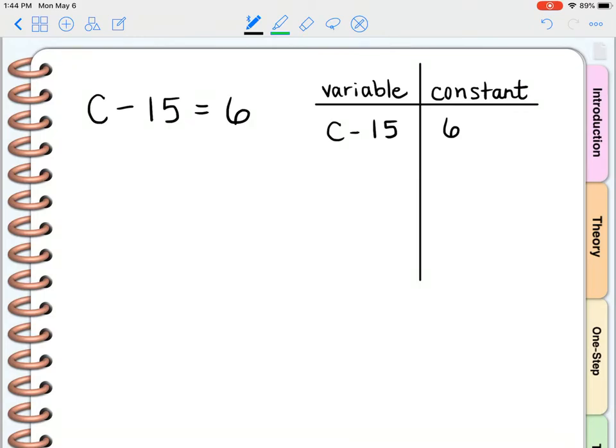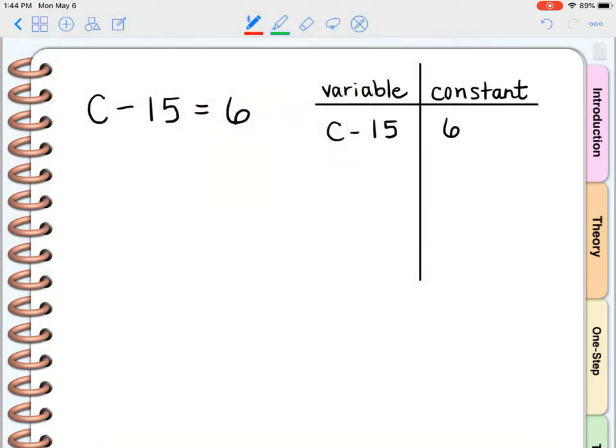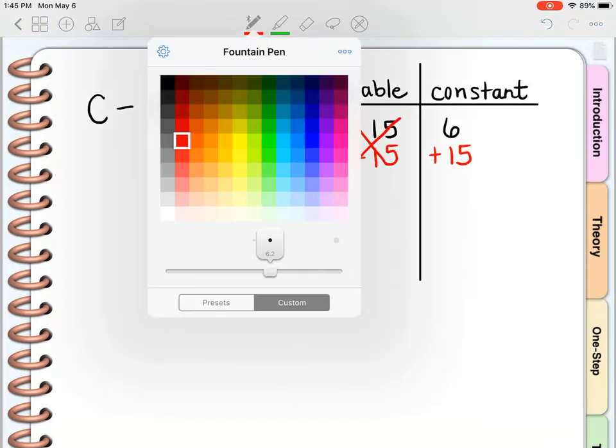So the minus 15 needs to go over to the constant side of the problem. And to move a term, I use its opposite. I use its inverse. And if I do it to one side, I do it to the other. So we cancel here.